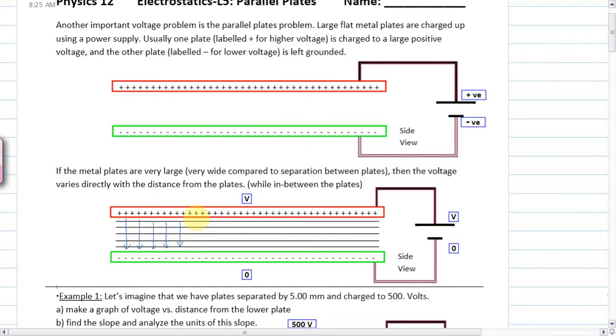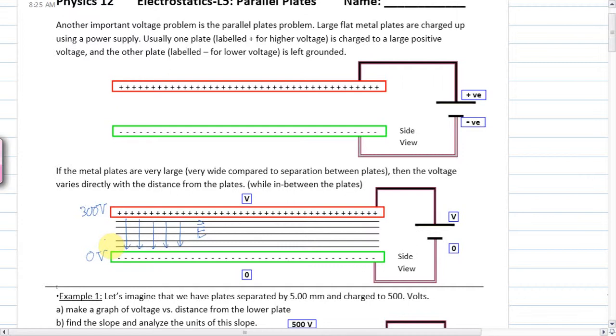Okay, it goes from the positive to the negative as electric fields go. And let's say if we charged it up with 300 volts, we could say that the top plate here is 300 volts and the bottom plate is 0 volts.